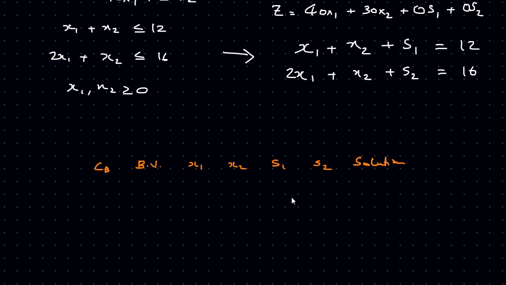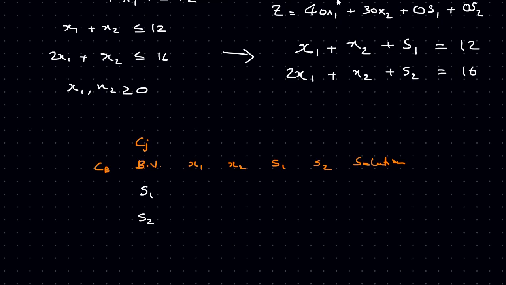And then we need a section with cj. In this particular problem we have the basic variables s1 and s2. What you have to keep in mind is that for a basic variable, the coefficient in the constraint equations will be 1 in one of the equations and 0 in the others.